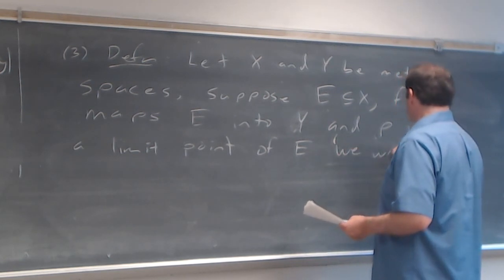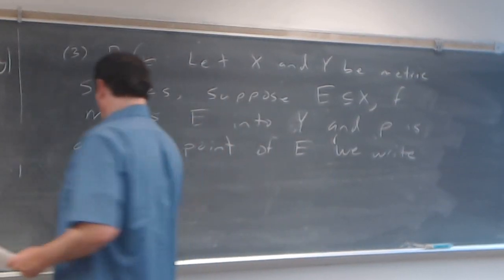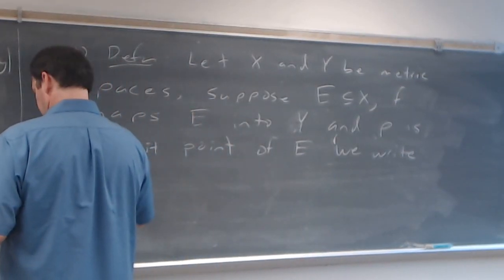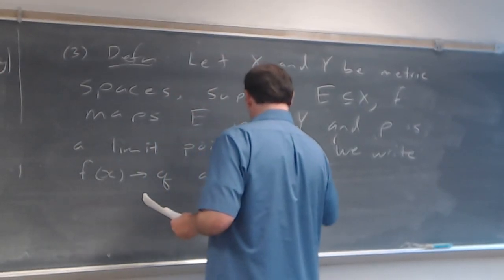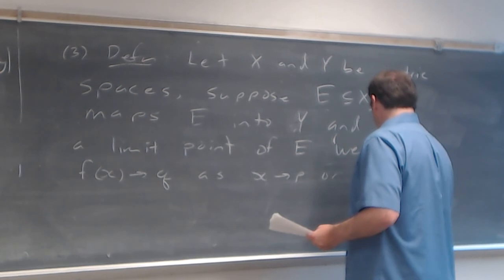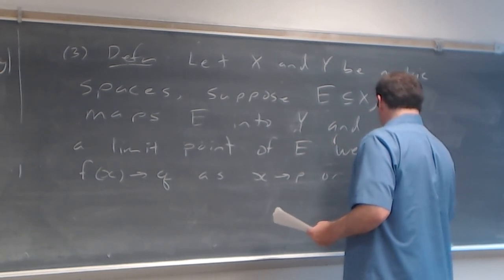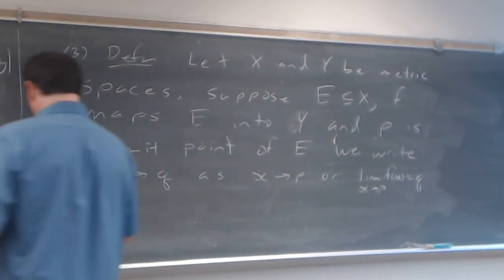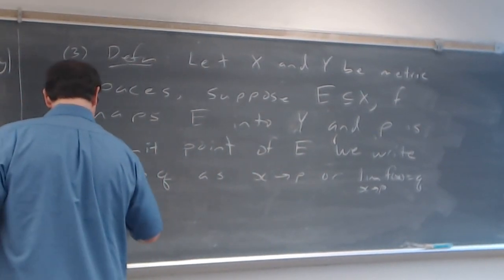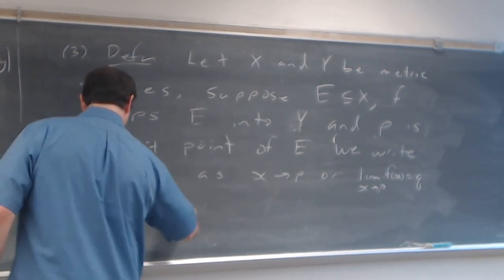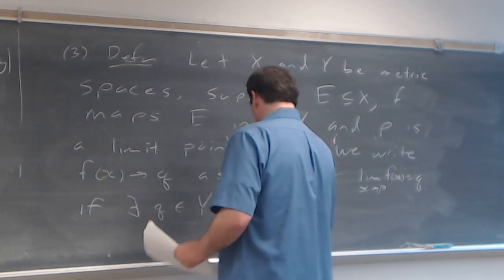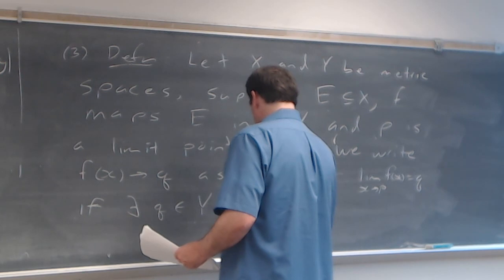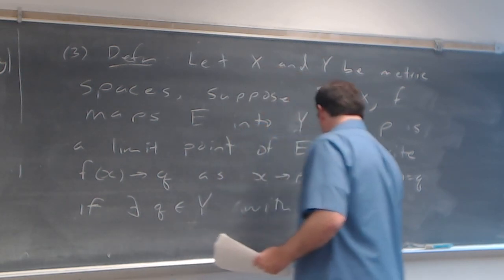Then we write f of x goes to q as x goes to p, or the limit as x goes to p of f of x equals q, if there exists a q, an element of Y, with the following.